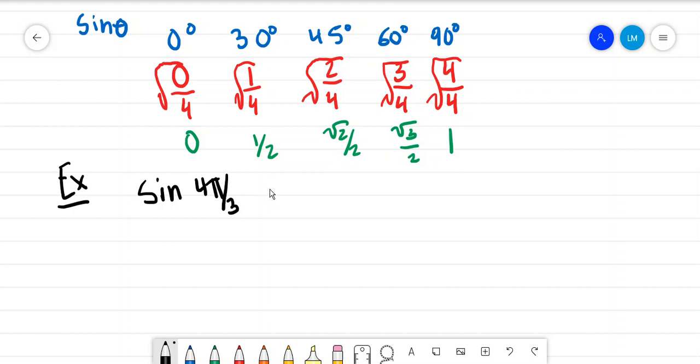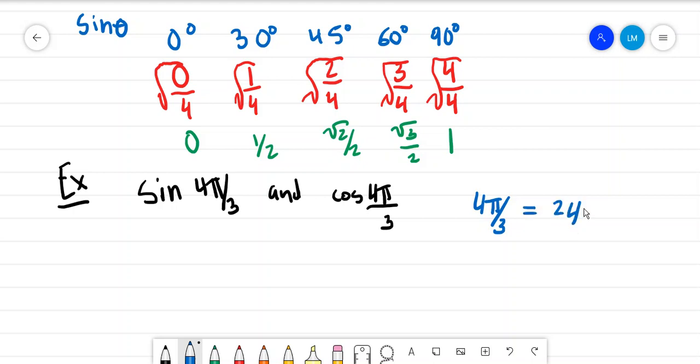And we also want to find cosine of 4 pi over 3. Okay, now 4 pi over 3 is equivalent to 240 degrees.